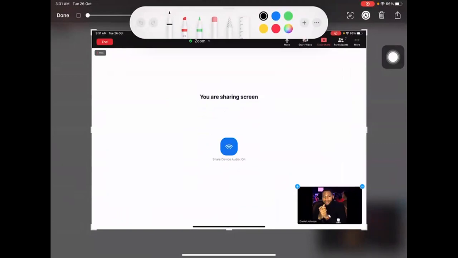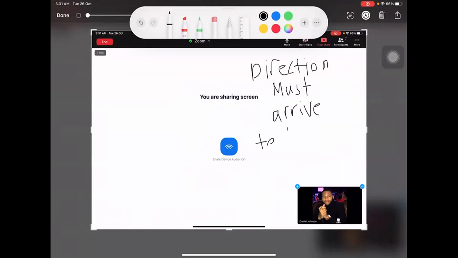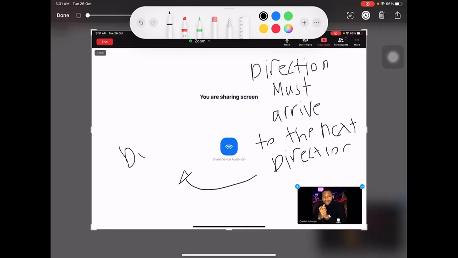So basically, action must arrive at the next action. But we do not know when.